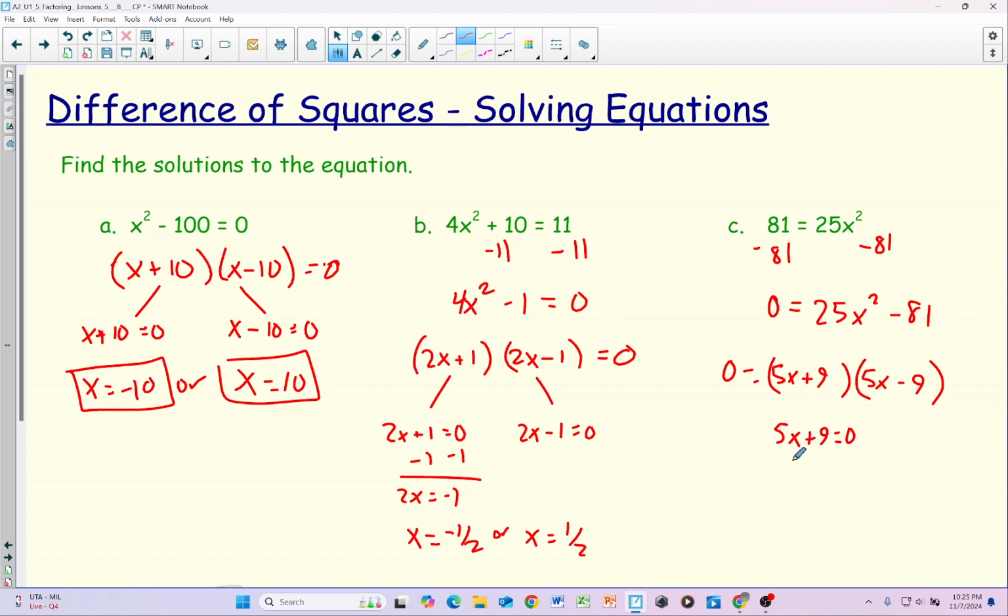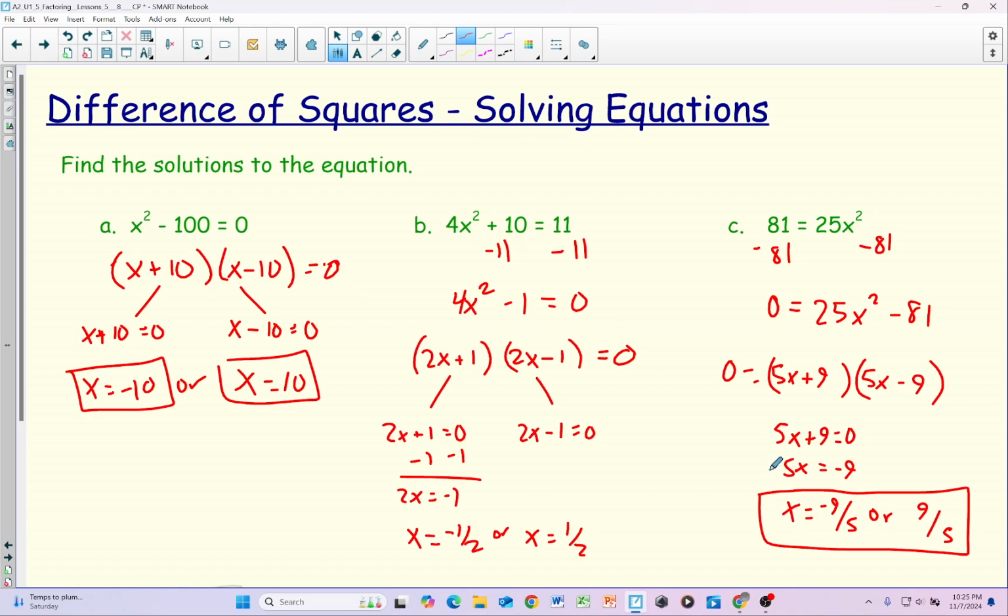So we subtract the 9. We divide by the 5. We get x equals negative 9/5 or positive 9/5. You're going to get the same thing on the other side when you solve. You'll add the 9, divide by 5. Again, two of the same answer, but opposite sign.